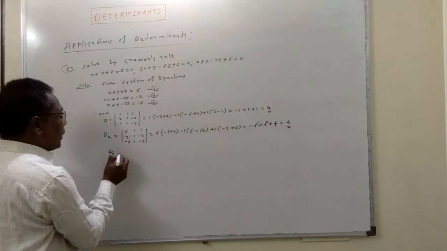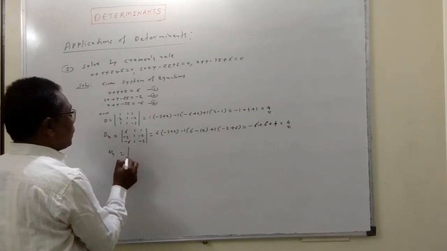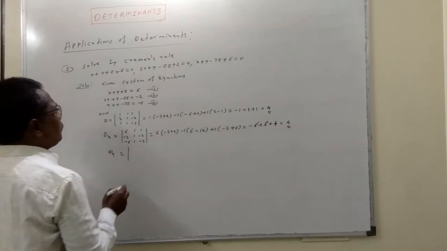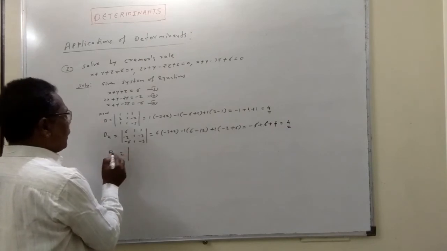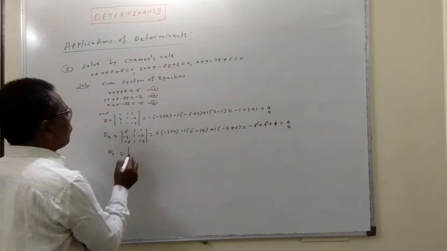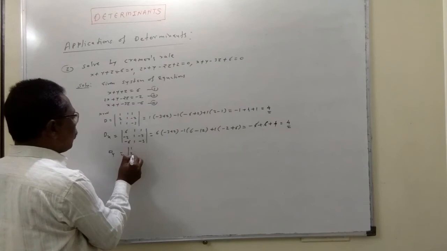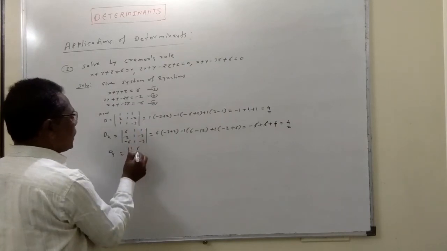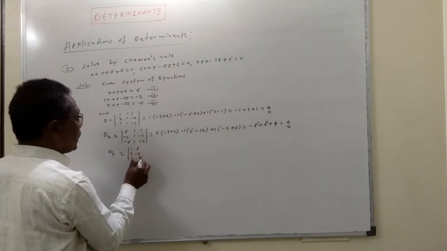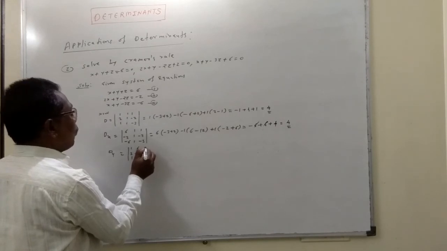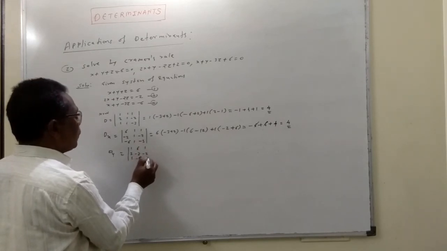Now we find Dy, so Dy is equal to the determinant. When we find Dy, we replace the second column in D, so 1 2 1, and the second is replaced by 6, minus 2, minus 6, and 1 minus 2 minus 3.